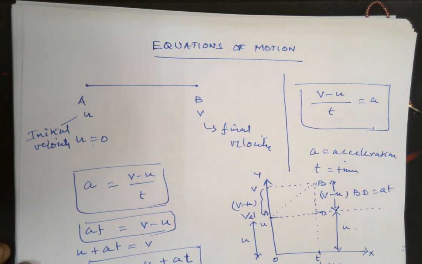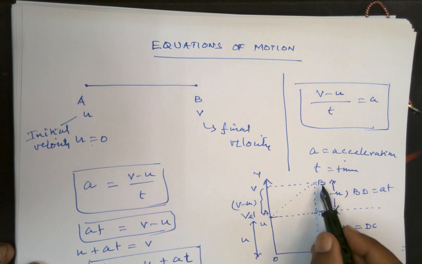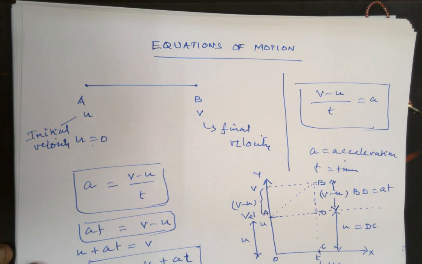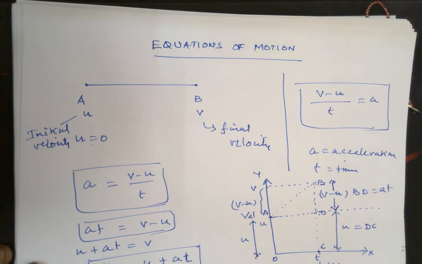And what about DC? D is here and C is here. DC represents the initial velocity. Do you understand? DC represents the initial velocity. BD represents the change in velocity, v minus u. Now you know OD. Otherwise take first OC.